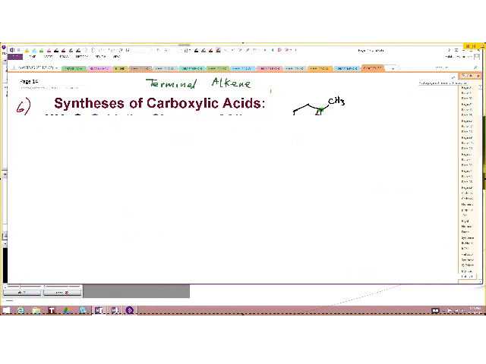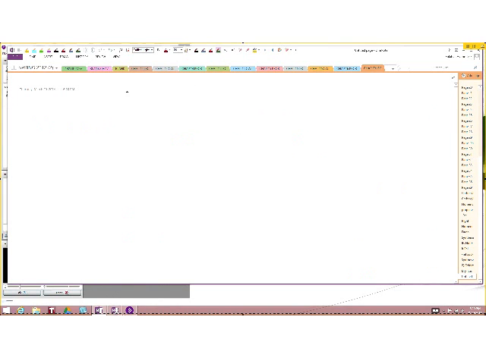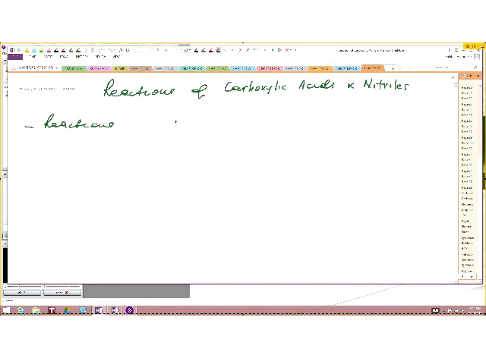So now let us go to reactions of carboxylic acids and nitriles. What I want to do is start with the reactions of nitriles, because we don't have too many of those. Reactions of nitriles.